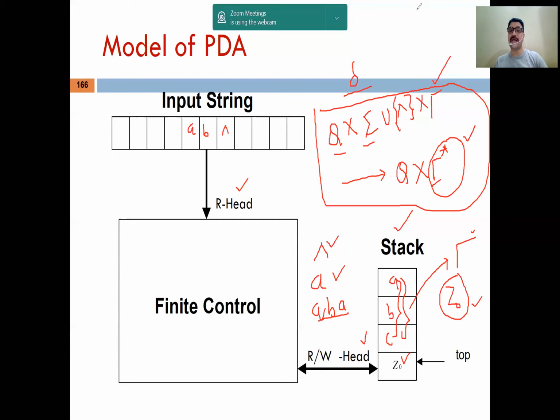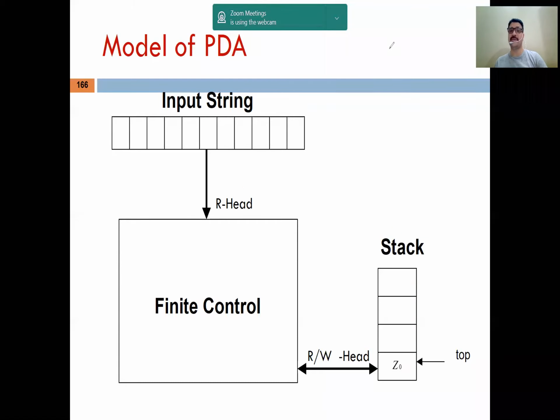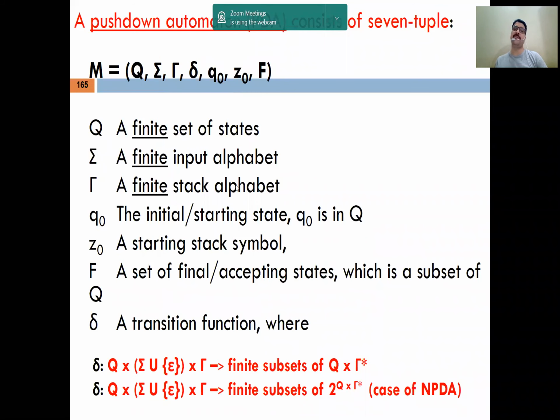Okay, so these are the various tuples that I already discussed, and by using these 7 tuples, you can define pushdown automata, that is PDA. 5 tuples are the same as the DFA, only 2 tuples, that is tau and Z0, are different. And how the transition function works, as I already explained, can be represented as Q, sigma union null.